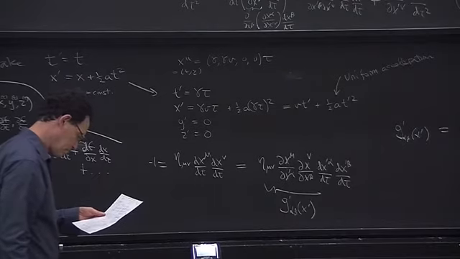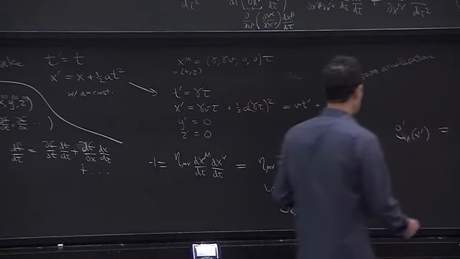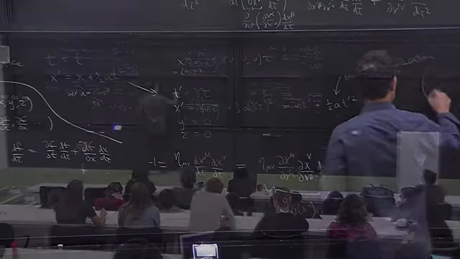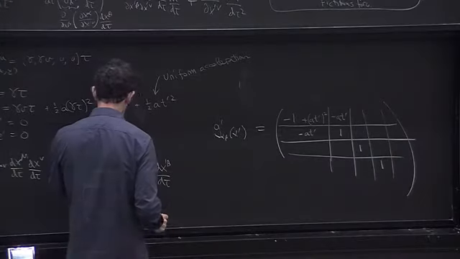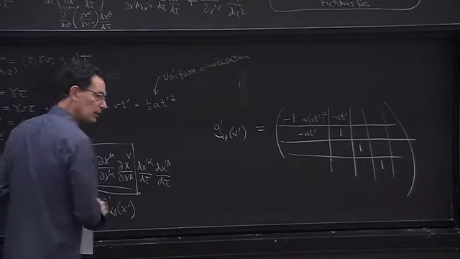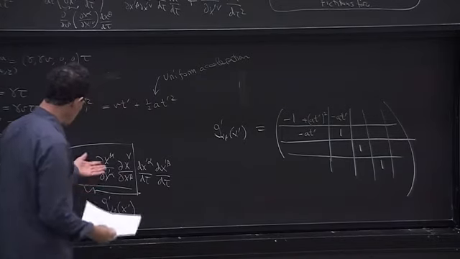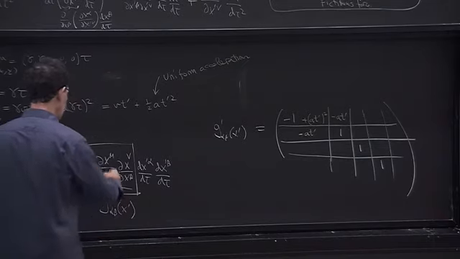Sorry, how did you get this metric? I just calculated it. So what I have to do is work out x as a function of x prime. That's what the matrix is defined at. So I've got to contract all these indices. So let me calculate it for you.